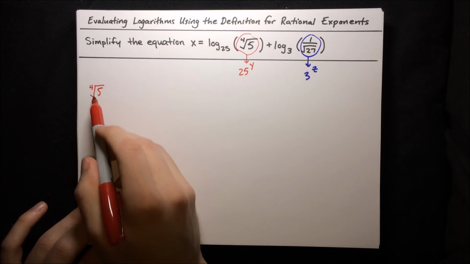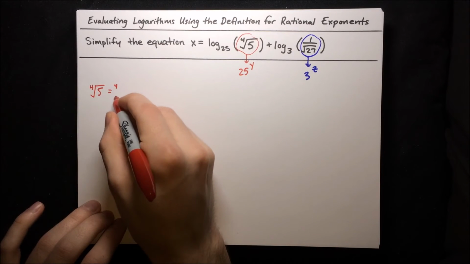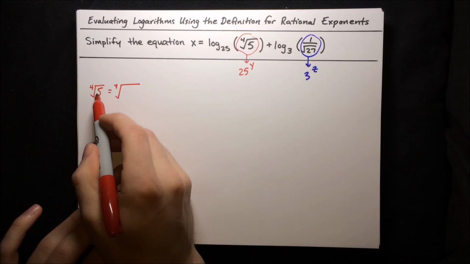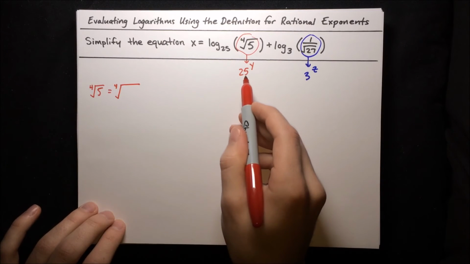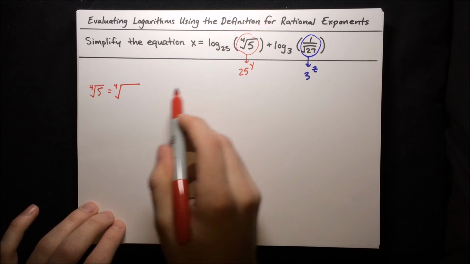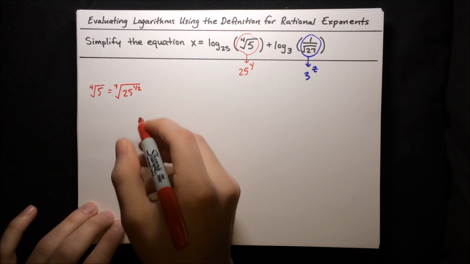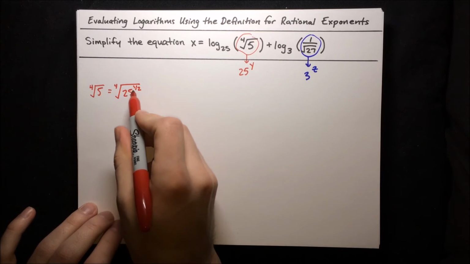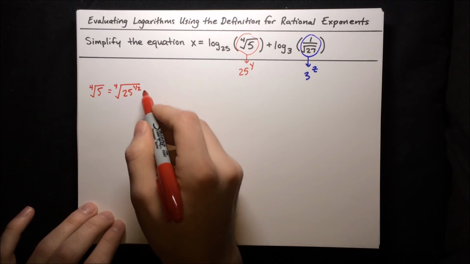Well, why don't we start by looking inside of the root. This is just the 4th root of 5. Can we write 5 as 25 to some power y? Well, 5 is just the square root of 25, so 5 is just 25 to the 1/2 power. And now that we've got 25 to the 1/2 power, we can think about this 4th root on it as a rational exponent.